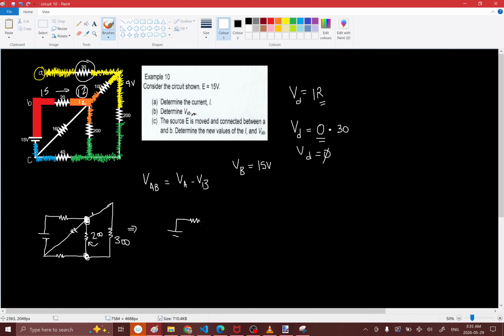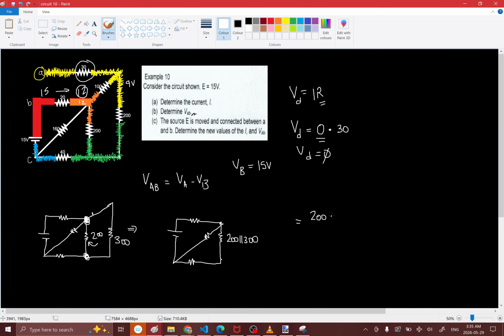And we're going to have a single resistor like this, and we're going to keep this one here, and that's going to go like this. And this one here is going to have a resistance equal to 200 parallel 300. In the previous video, we actually figured that out. I think it was 125, but let's actually do the math again.